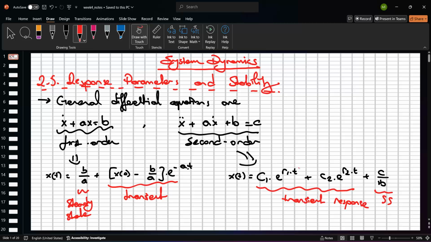And so this exponential term, if r1 is negative, then it goes to 0 when t goes to infinity, right? This is why we can say that this is the transient, just like the first one, okay?